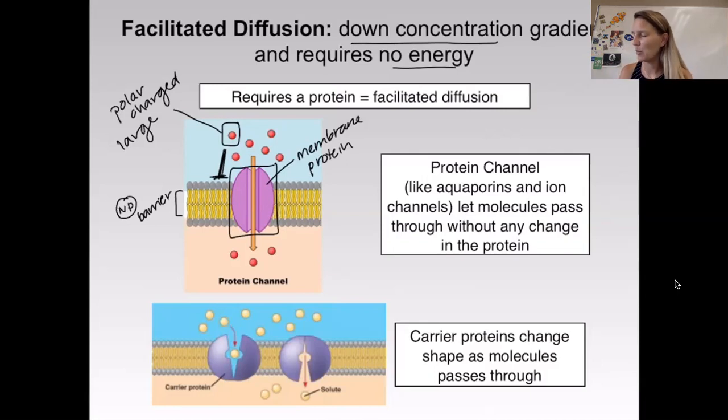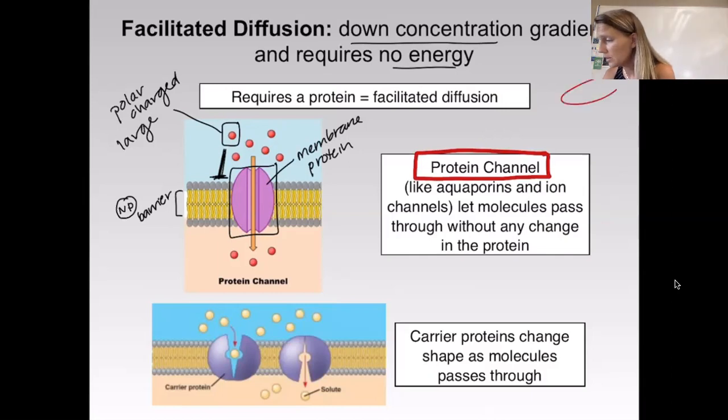You can have two different kinds of proteins for facilitated diffusion, right? You can have what's called a protein channel. And this is really a protein that just kind of has a hole through it. So imagine something like this, where molecules can just go through. They just have a pore through them.